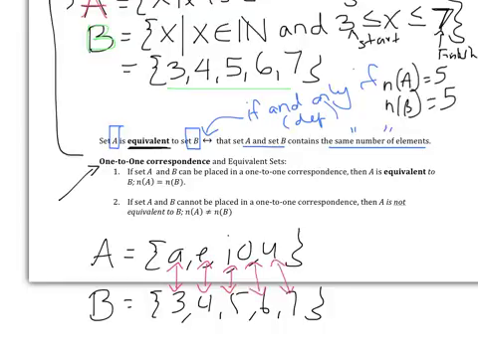There's a one-to-one correspondence, so we can say that these sets are equivalent. If there isn't a one-to-one correspondence, then we know it's not equivalent. And that's what this says here: if A and B cannot be placed in a one-to-one correspondence, then A is not equivalent to set B. I will stop here and then I'll move on to the next video.